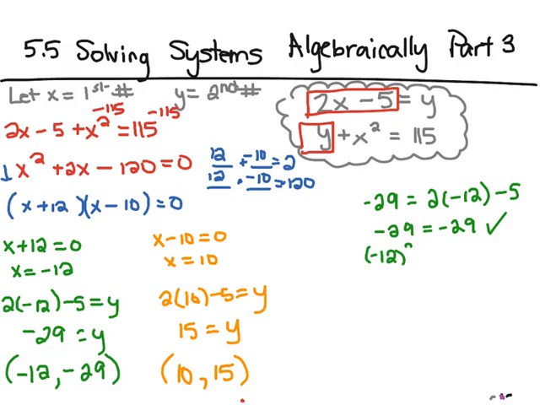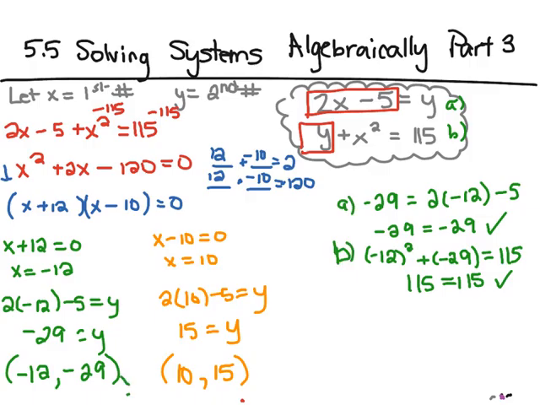Negative 12 squared plus negative 29 equals 115, and 115 equals 115. So this works. 12 squared is 144, minus 29 is 115. So this is our A and B. Because they both work, we know that this point works.